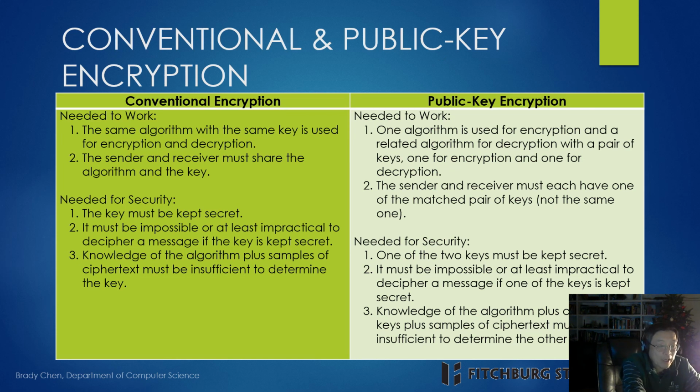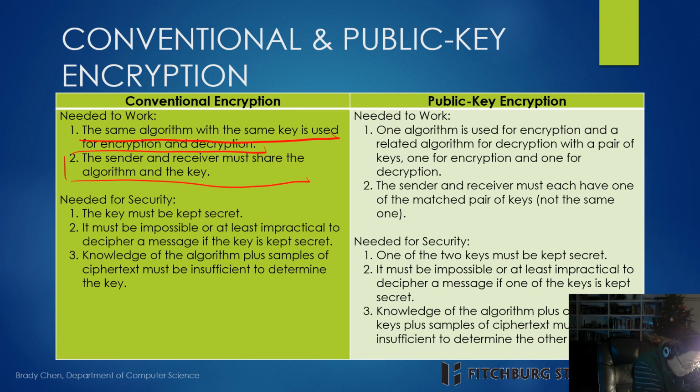So we listed here the differences between conventional and public key encryption. In conventional encryption, the same algorithm with the same key is used for encryption and decryption, and the sender and the receiver must share the algorithm and the key.